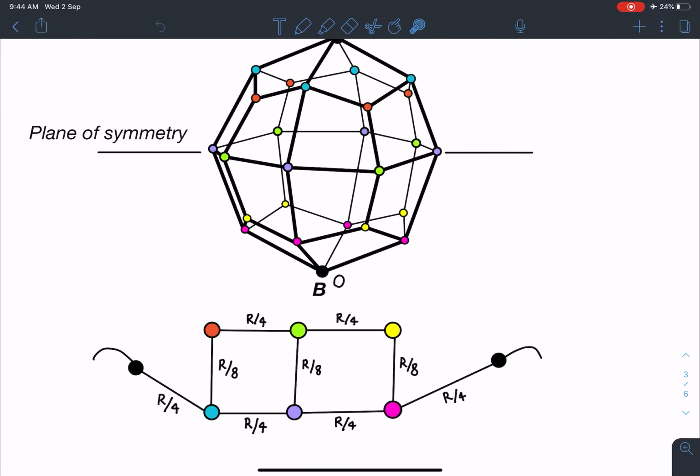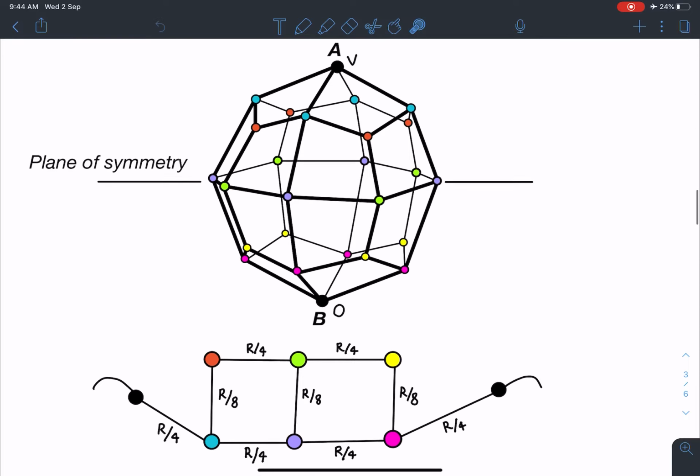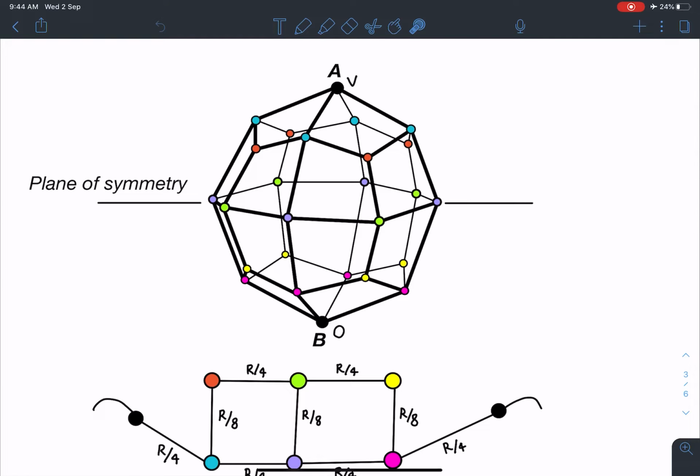Now after this, I'll try to connect these resistances. You will find from A to cyan color there are 4 resistances, and all 4 of them are going to be in parallel. So what I'm going to do here is from A to cyan color, I am going to connect 4 resistances in parallel.